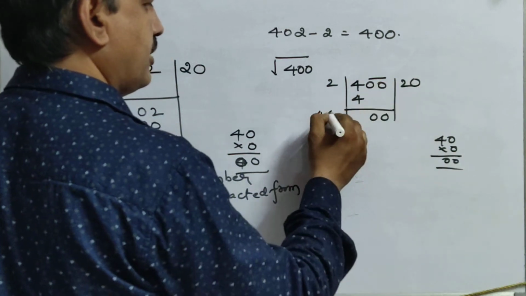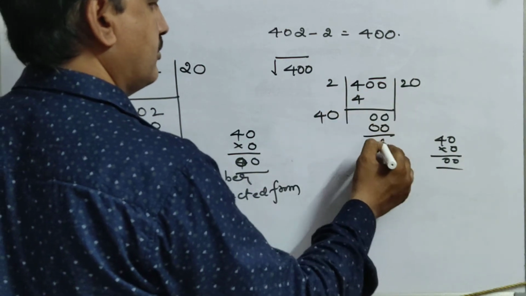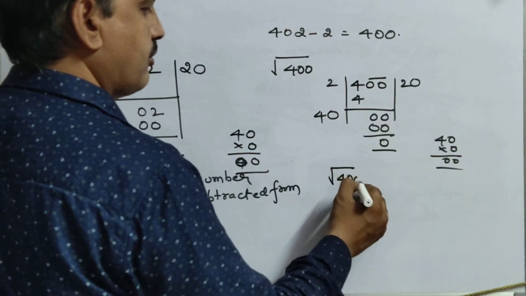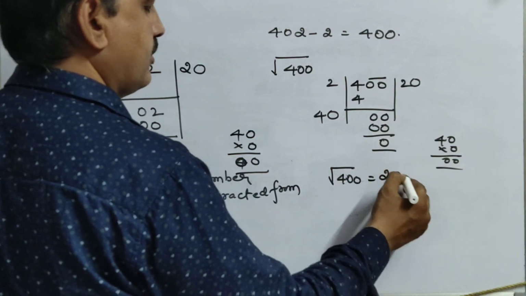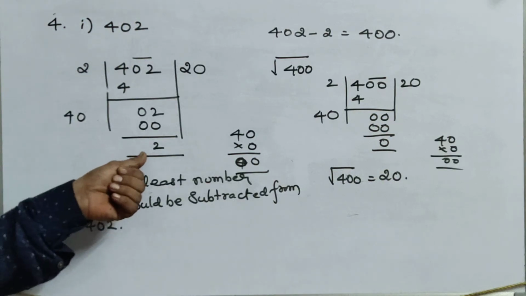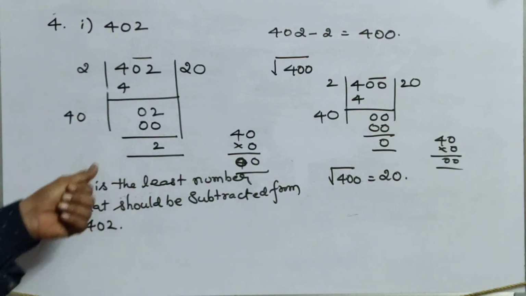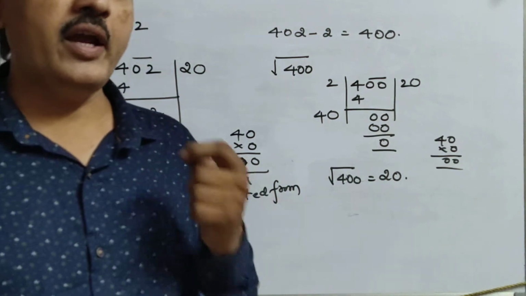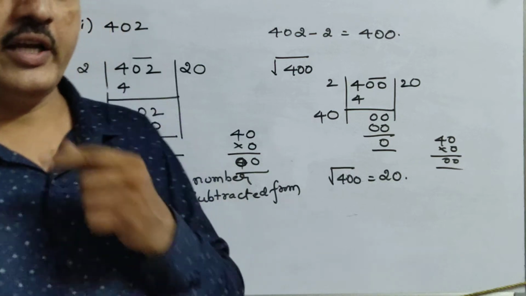So here 0, here 0. So square root of 400 equals 20. Okay. So when a subtraction question is given, directly you can take the remainder as the answer. That will be the answer.